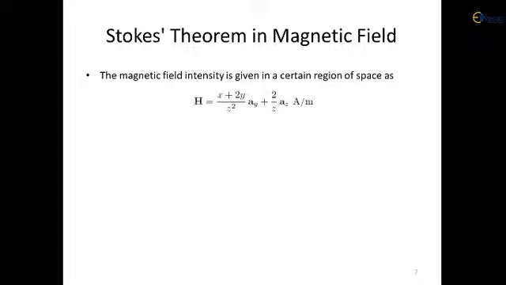So here we have H is equal to x plus 2y divided by z square, this ratio is multiplied by ay. Further it is added to 2 by z in multiplication to az, and this H is expressed in amperes per meter, that is the SI unit for the magnetic field intensity.